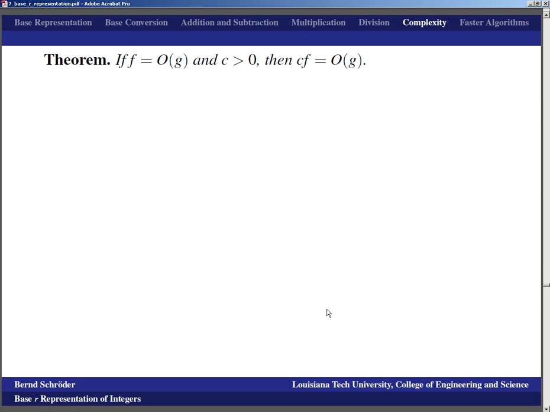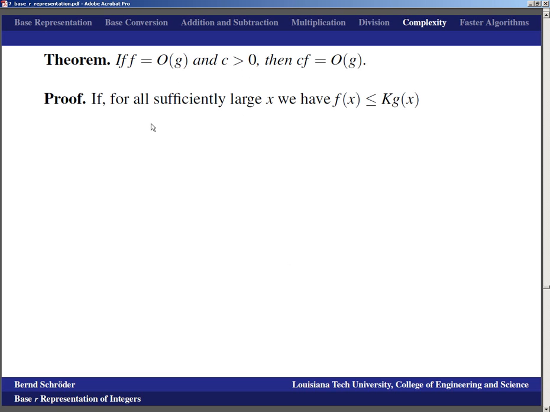As a theorem, we can see that this capital O notation allows us to circumvent a few computations that we would otherwise have to do exactly, such as: if f is capital O of g and I multiply it with a number, then c times f is also capital O of g.